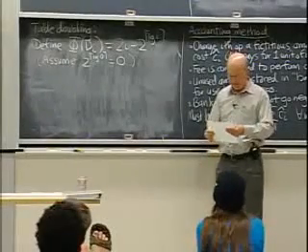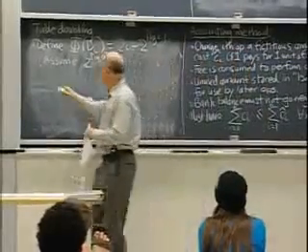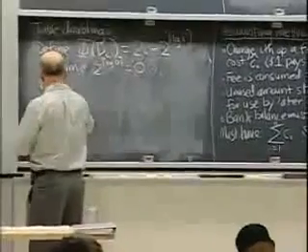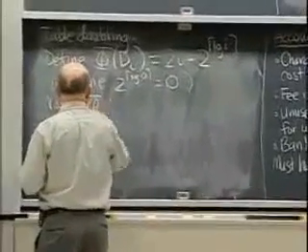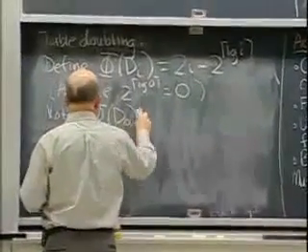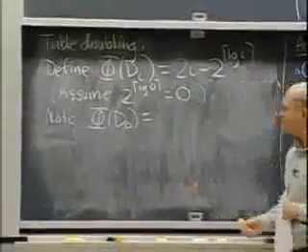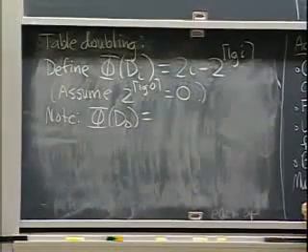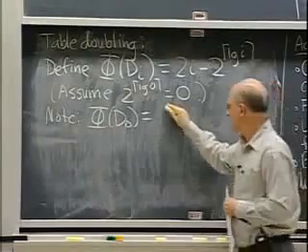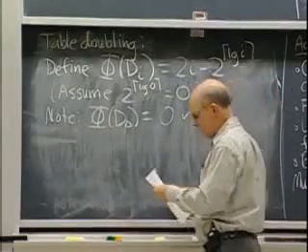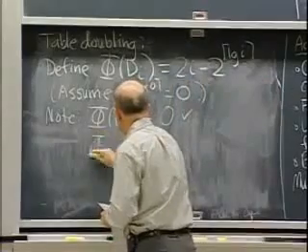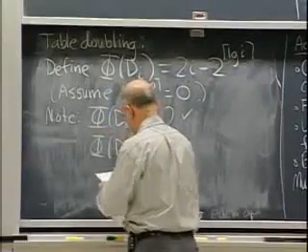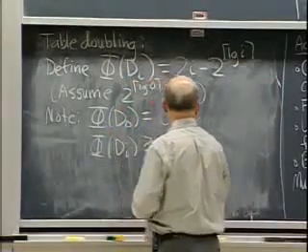Okay? So first let's observe what is phi of d0. Zero. So that's good. And phi of di is greater than or equal to 0.